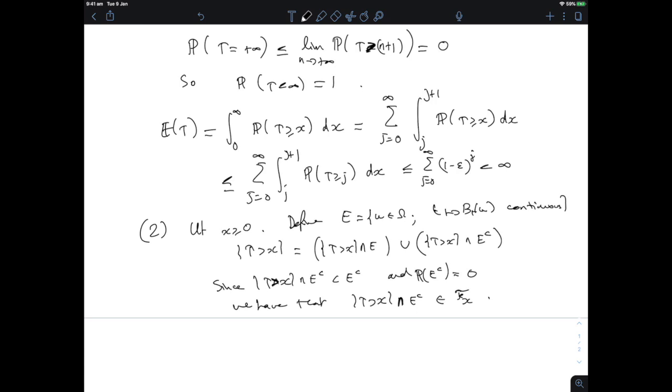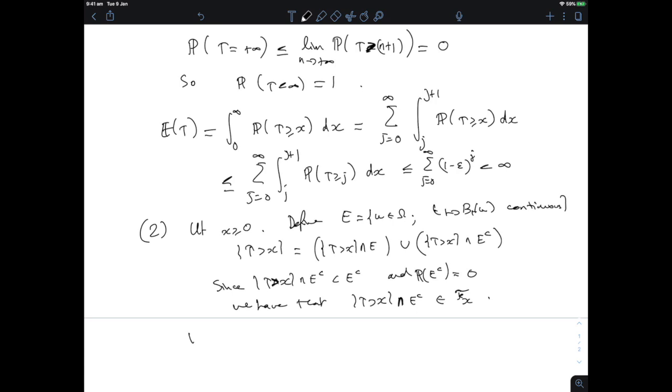So that's not going to be problematic in showing that tau greater than x is a stopping time. That's one of the key reasons why we've augmented the filtration the way we did, to make sure that such exit times are indeed stopping times.